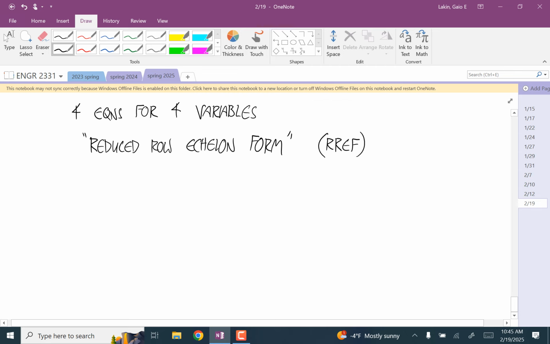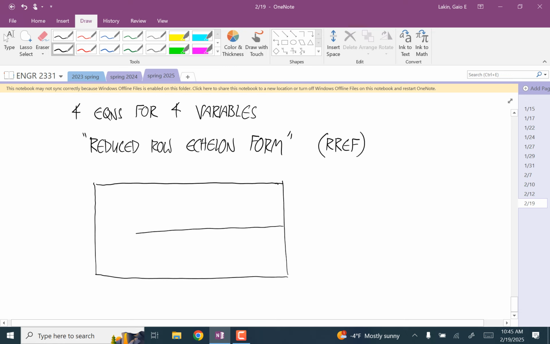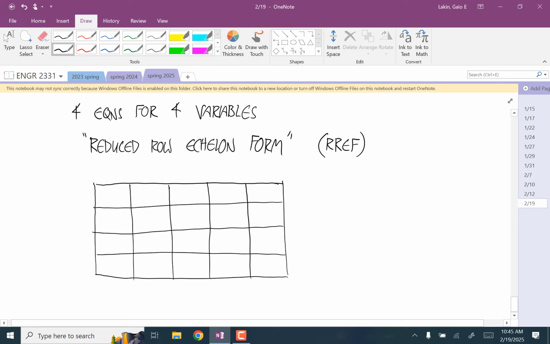And so what you're going to do is set up a matrix with the number of rows equal to the number of equations. So in our case, that's 4 rows and one more column than rows. So 5 columns. So this is the number of equations.